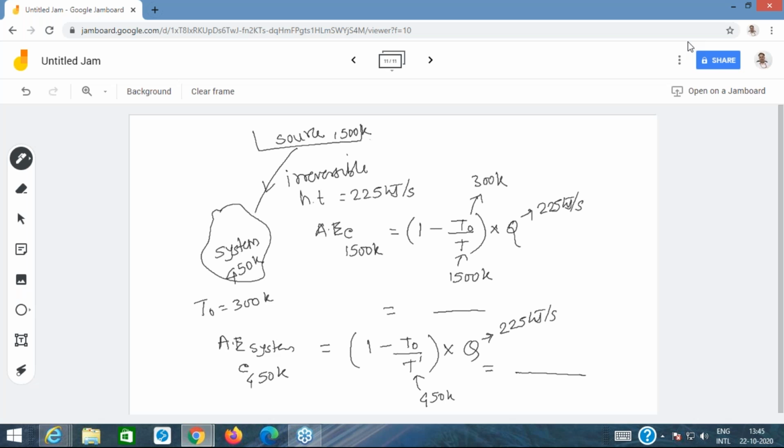So let me see what answers you have given. Gargi has given some answers. Gunjan has given some answers. Nikhil has given some answers.